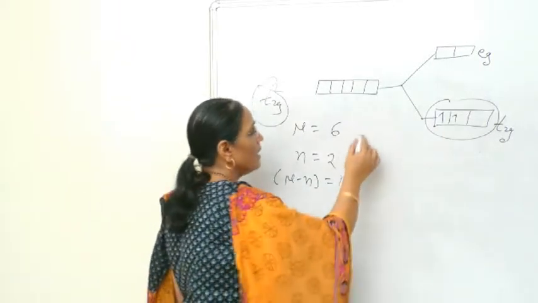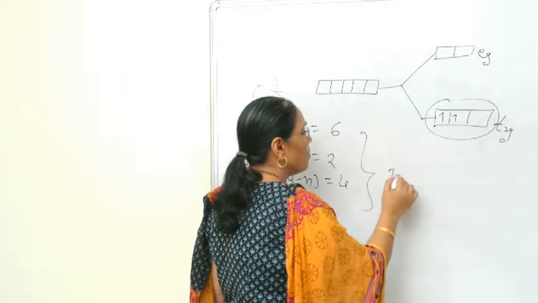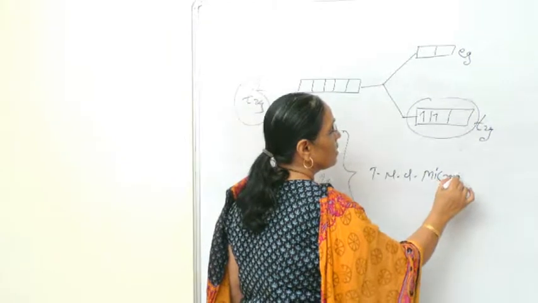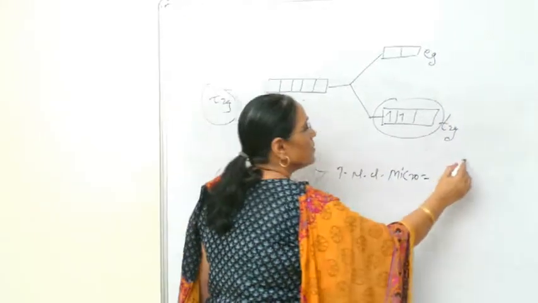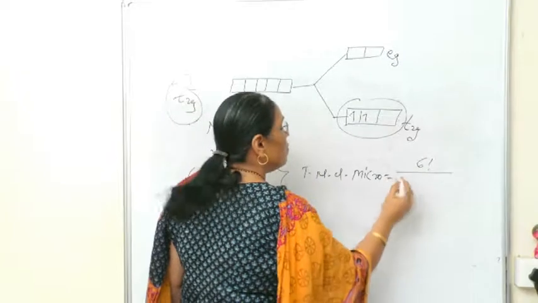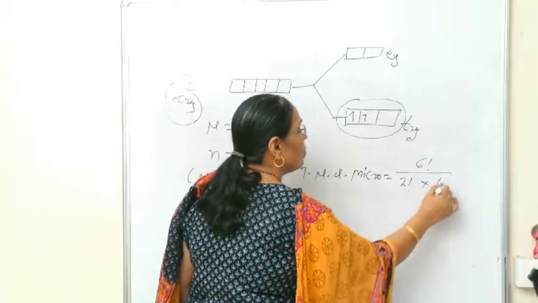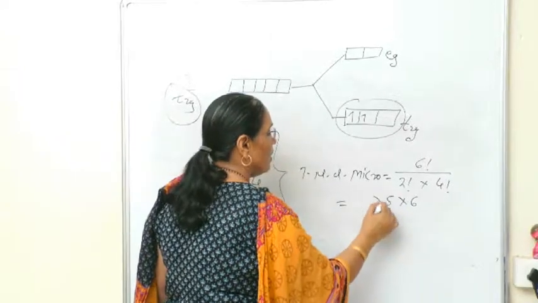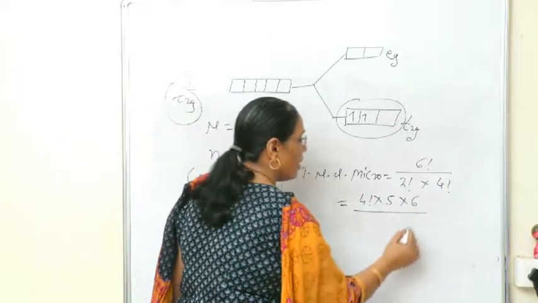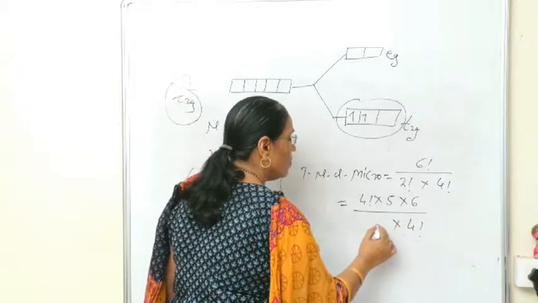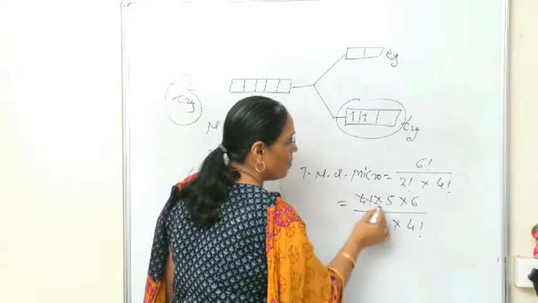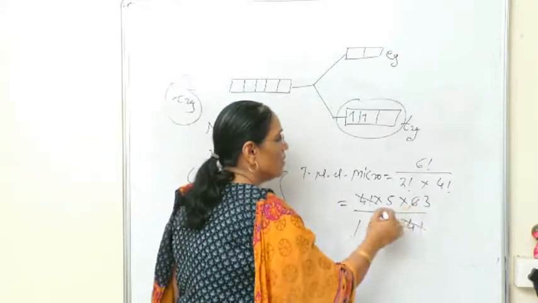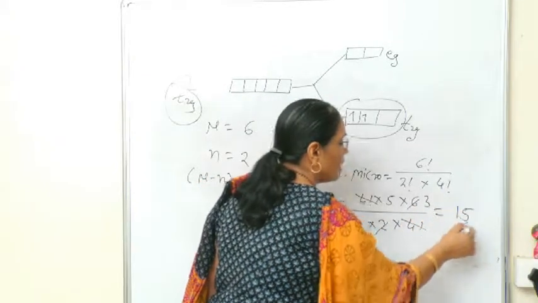By putting this in the equation, the total number of microstates for t2g2 configuration will be 6 factorial by 2 factorial into 4 factorial. So 6 into 5 into 4 factorial by 4 factorial into 2 into 1. 4 factorial will get cancelled, and 2 into 3 is 6, so there will be 15 microstates.